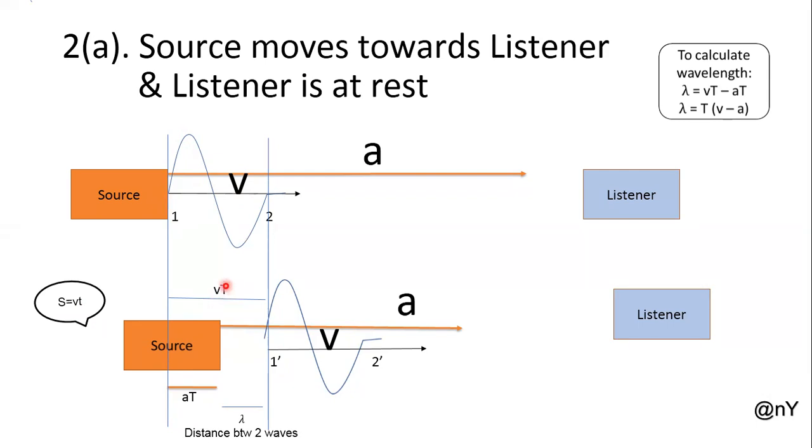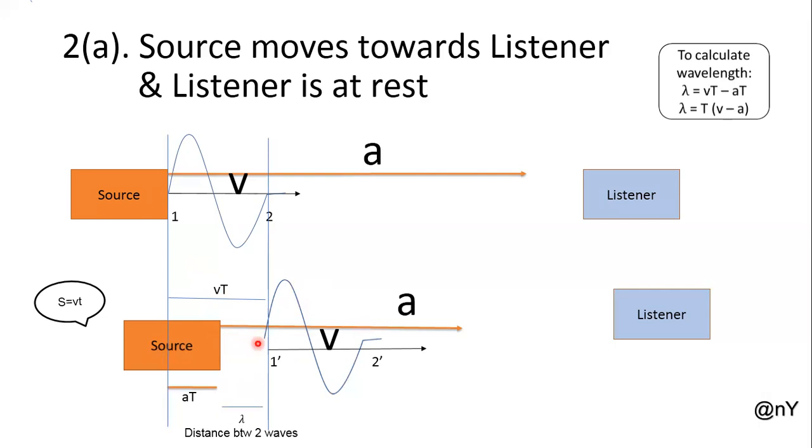Now, what is wavelength? Wavelength is the distance between two consecutive compressions, rarefactions, crest or trough or whatever. For simple convenience, we can say it is the distance between two waves. So, when the source moves from this point to this point after some time capital T, not only the source moves, but also it starts to emit wavelengths of sound.